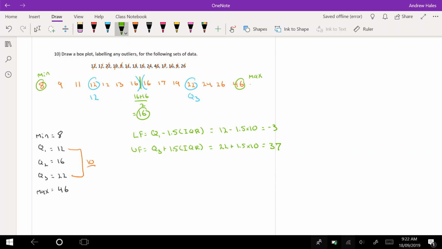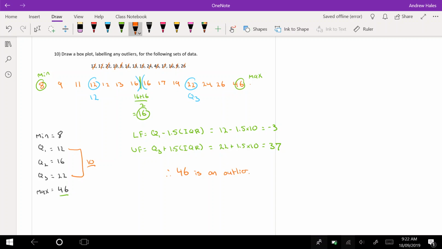My lower fence is much below my minimum data point, so I'm safe on that side for any outliers. However, 37, I have my data point 46, okay? 46 is outside that boundary, it's above my upper fence, therefore 46 is an outlier.